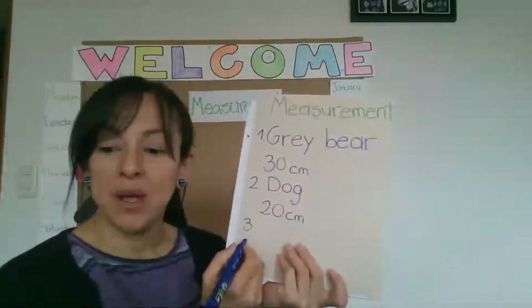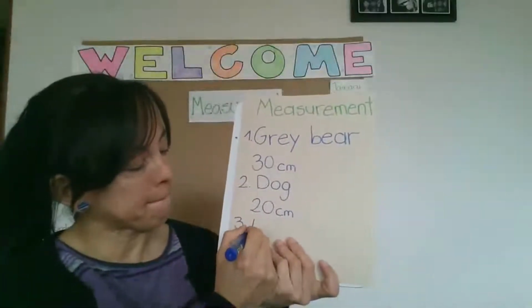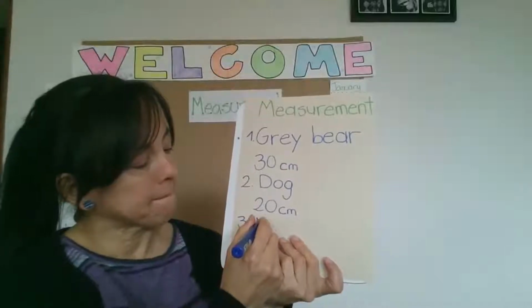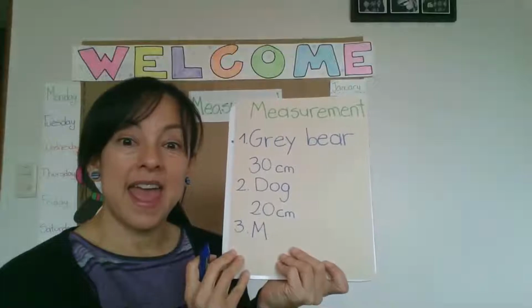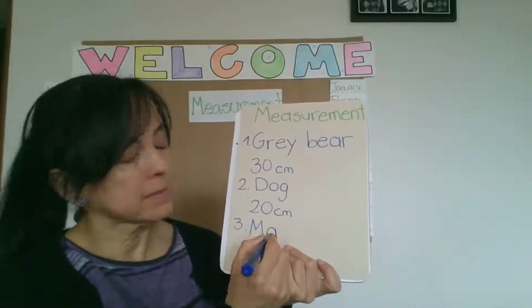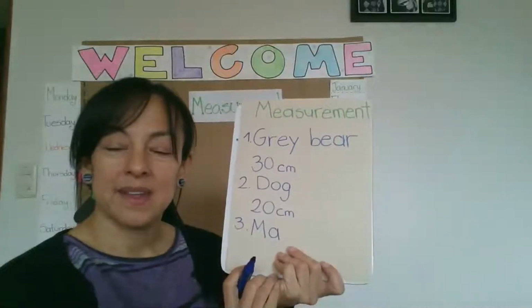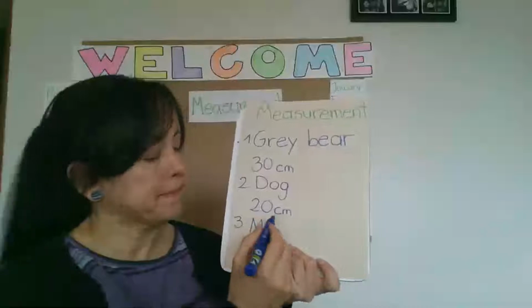So we begin with capital letter M. Letter A. Double letter M, MM.